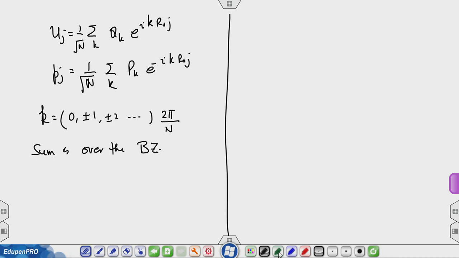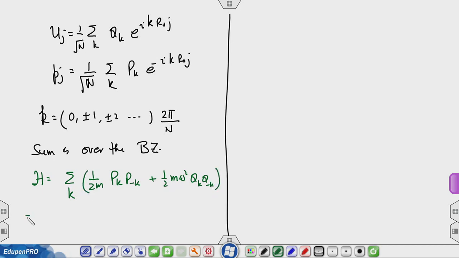What we have managed to do is write H equals summation over k of 1 over 2m p_k p_{-k} plus 1/2 m omega squared q_k q_{-k}.